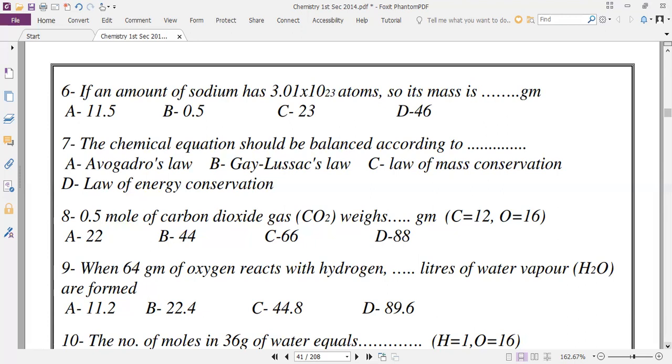Okay. So what is the mass in grams? Mass equals number of moles times molar mass. It equals 0.5 times the molar mass of sodium. Sodium has 23. It will be 11.5. Right, 11.5.